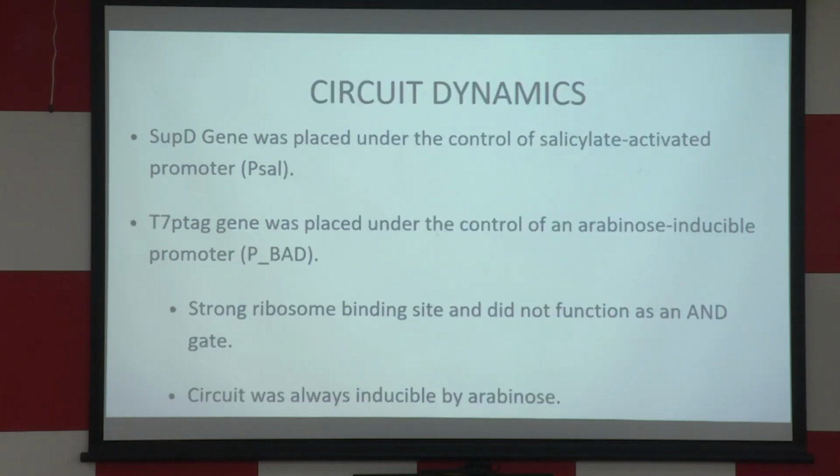Then, for circuit dynamics, they used the SupD gene under a controlled salicylate-activated promoter, and the T7 gene was placed under an arabinose-inducible promoter. When they demonstrated this, with a strong ribosome binding site, it was not functioning as an AND gate yet.